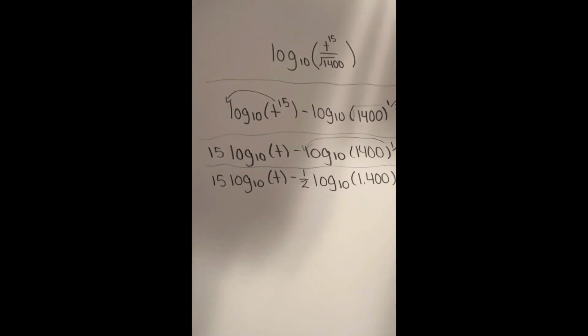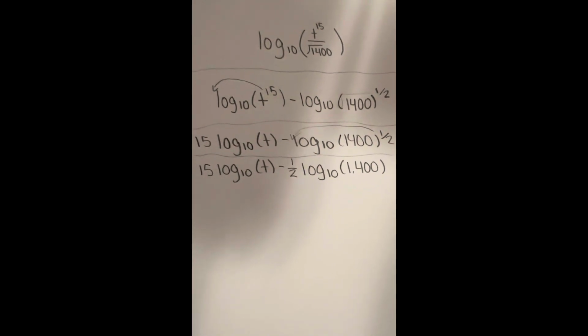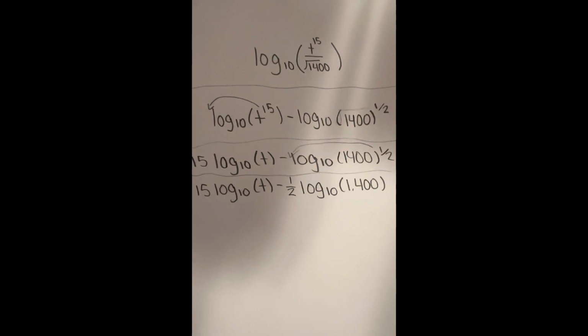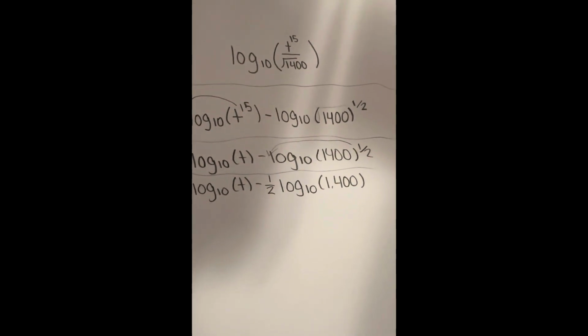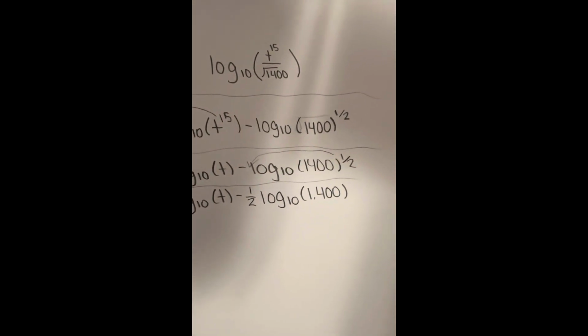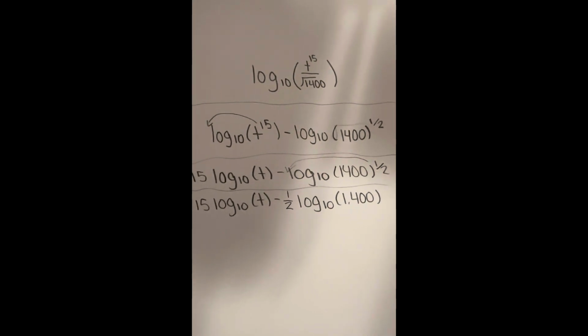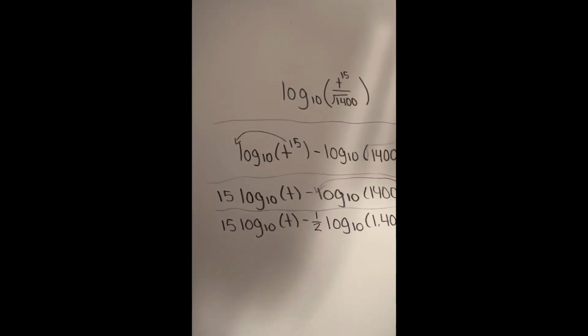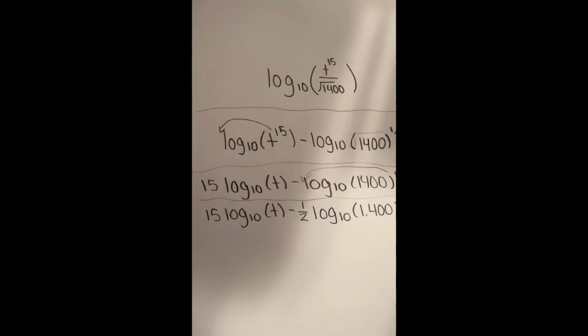So it's log 10, and then in parentheses, t to the power of 15 minus log 10, 1,400, and then 1/2. For the second step, you need to put the 15 in the front.